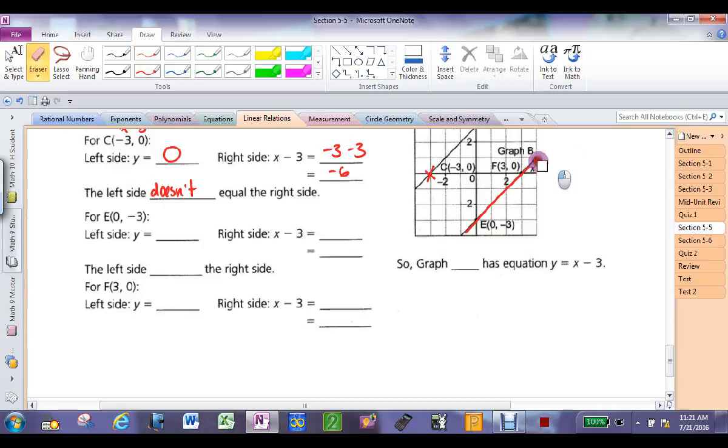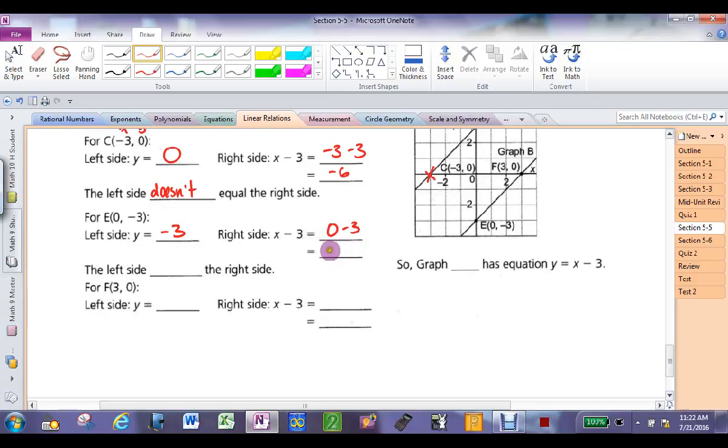Cool? So, let's check E. Left side. -3, because it's the Y value. The right side. 0 - 3, which is -3. Does -3 equal -3? It does. So I know that E is okay.